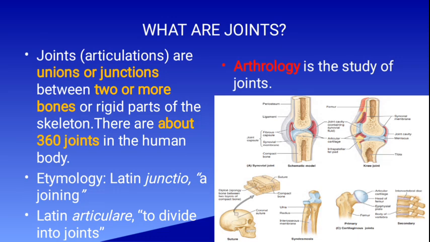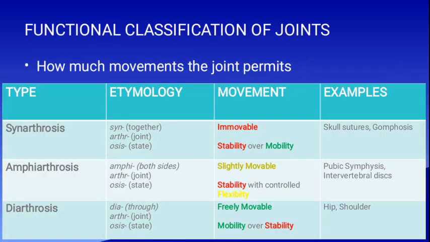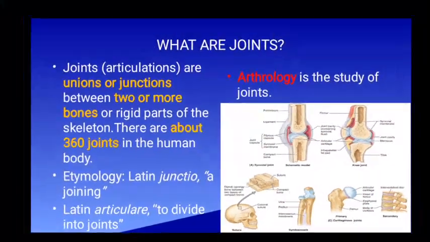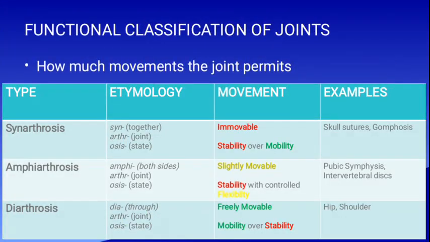So the study of joints is arthrology, and the joint is also related to the Latin words articulare and junctio, both of them meaning joining. Articulare means to divide into joints. So you can see the image here, of different types of joints. We'll be talking about every type of joint that we have.